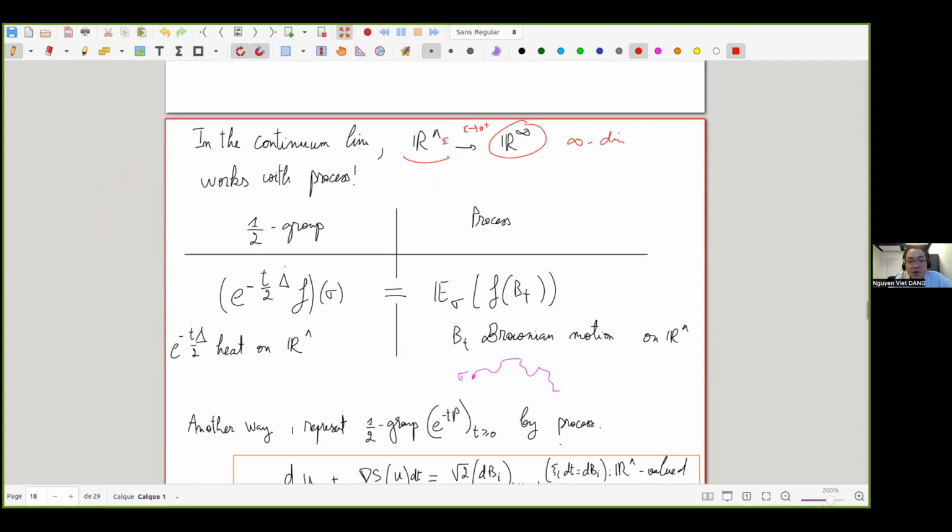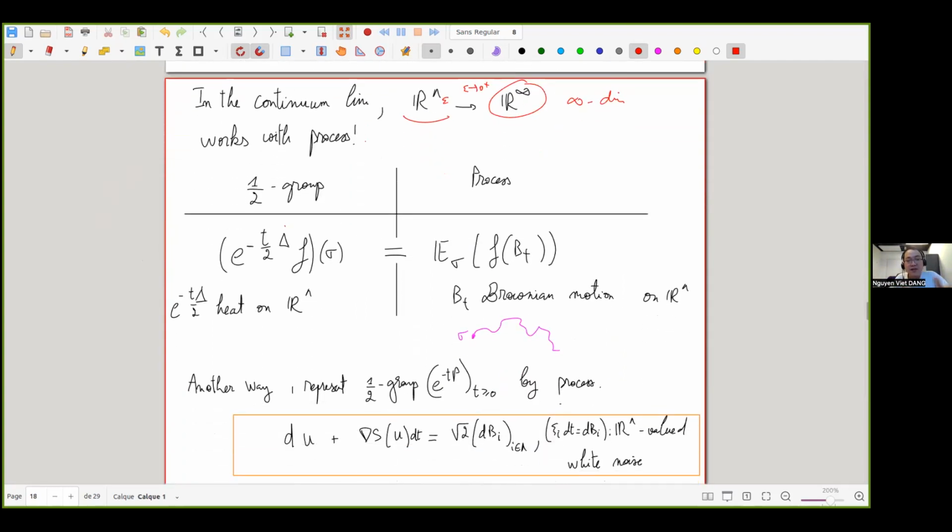So it is more interesting to look at the process corresponding to the semigroup generated by the operator P. So I would like to recall, for instance, in the case of the heat equation, the heat semigroup acting on the function F evaluated at sigma, at a field configuration sigma, can be realized as an expectation.